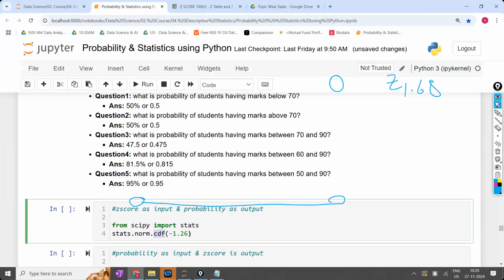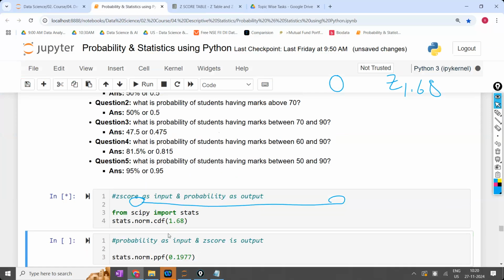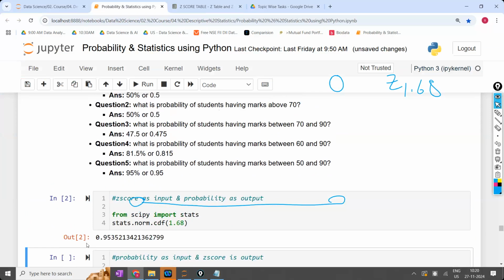Density means nothing but cumulative probability; density or probability both are the same. So what is the cumulative probability of 1.68? See here, the answer up to 4 decimals is 0.9535. In the Z table also we got the same. So Z probability we can calculate in Python by using stats.norm.cdf.